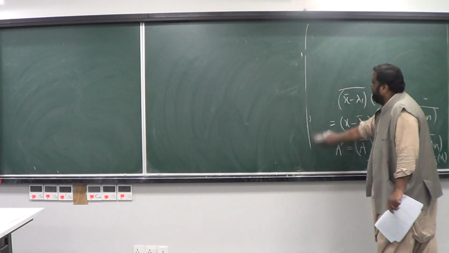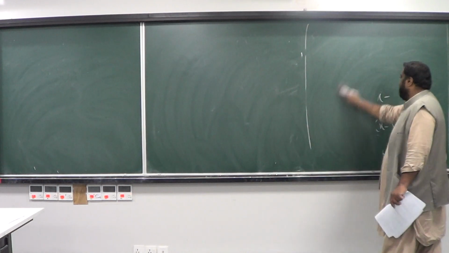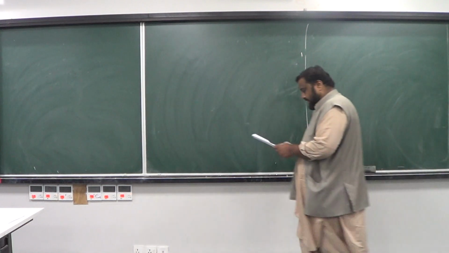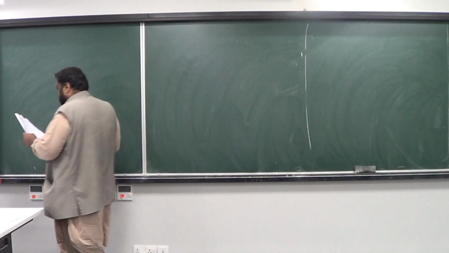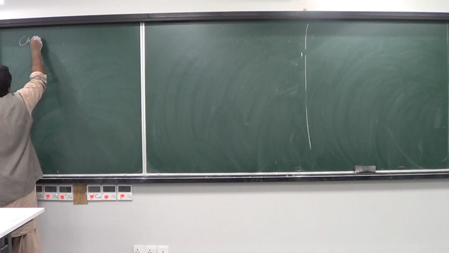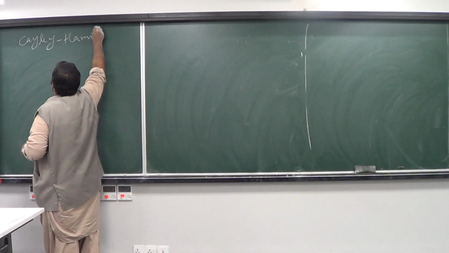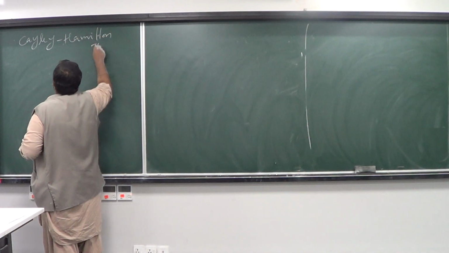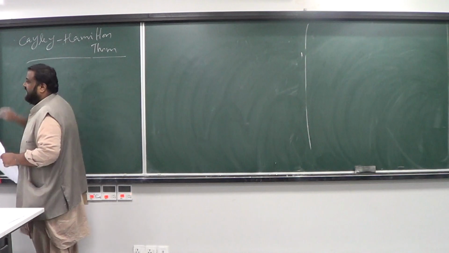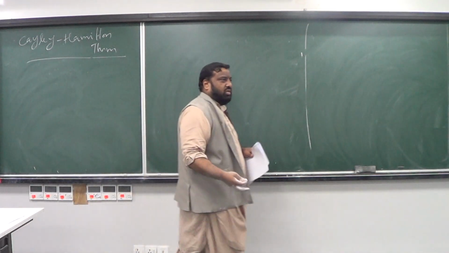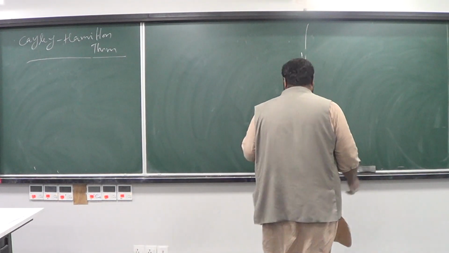This is the Cayley-Hamilton theorem: every matrix satisfies its own characteristic polynomial.